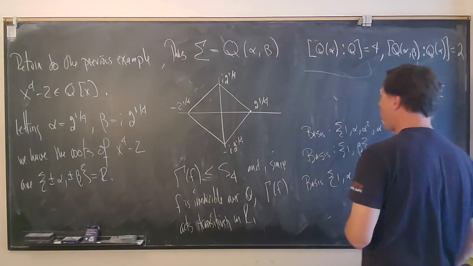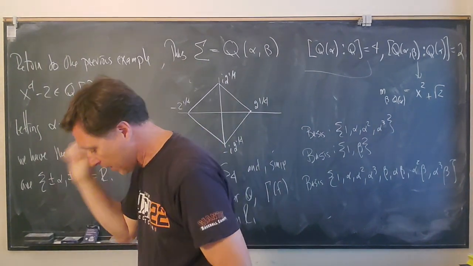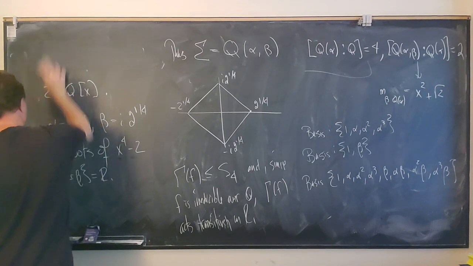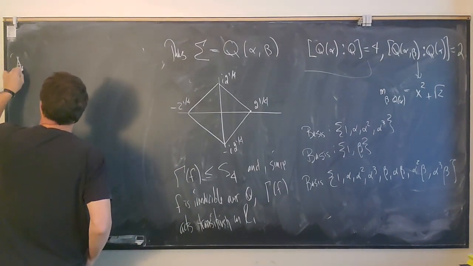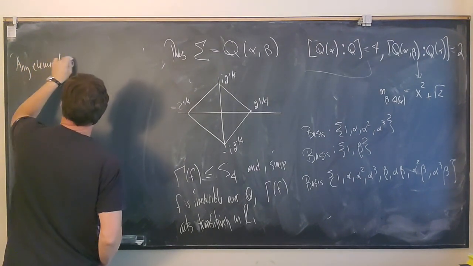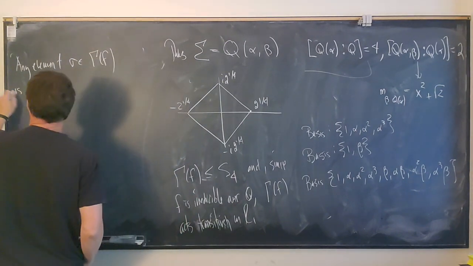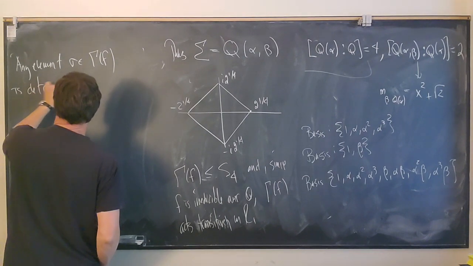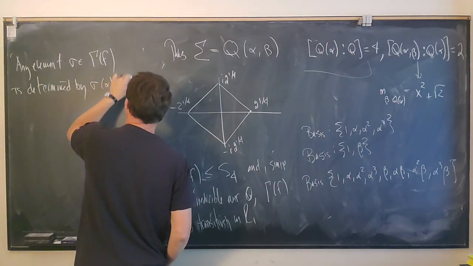Okay, so now any element sigma in gamma of f is determined by sigma of alpha and sigma of beta.